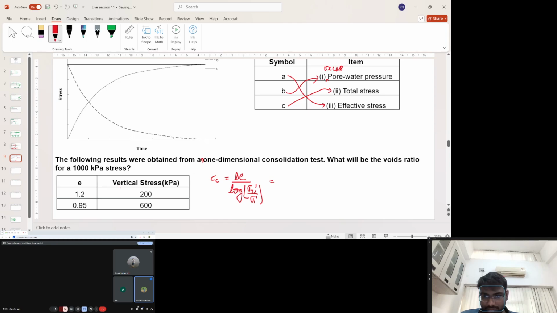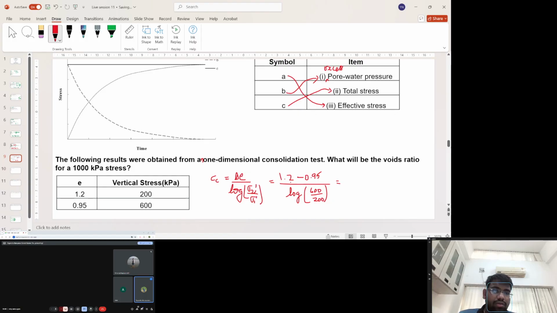If we do it, 1.2 minus 0.95 divided by log of 600 by 200. All right. How much are we getting?